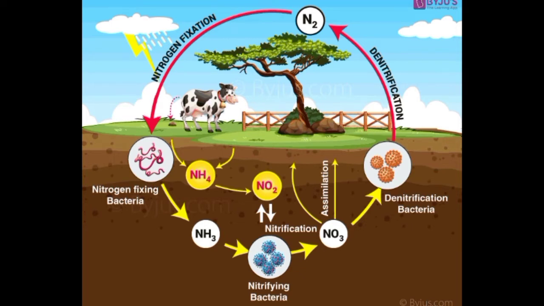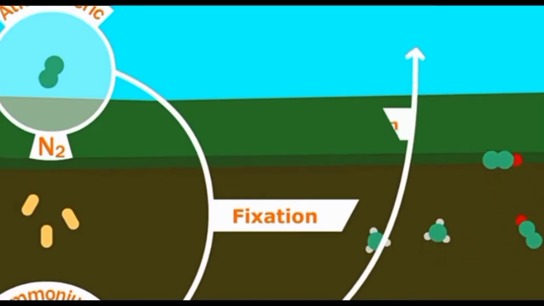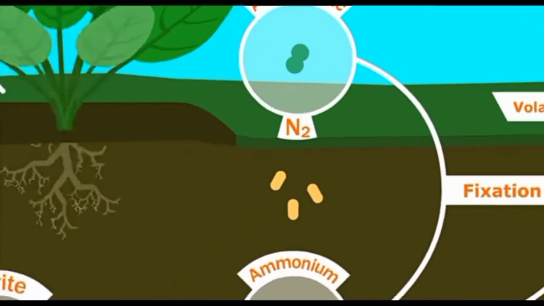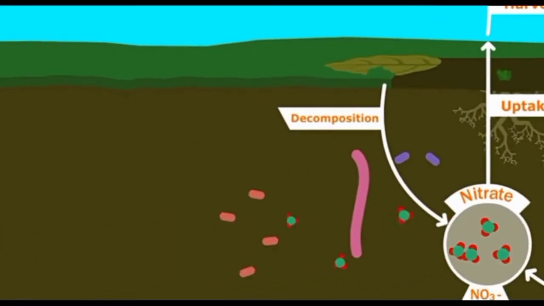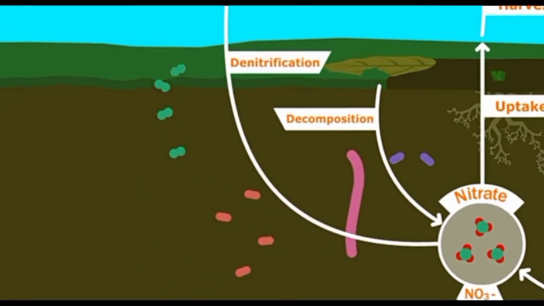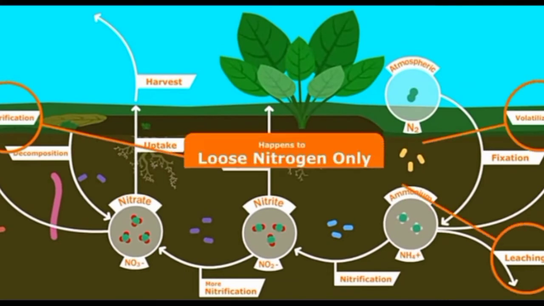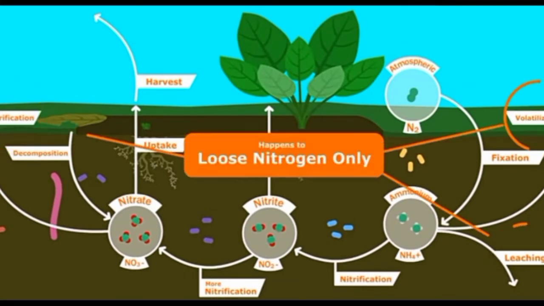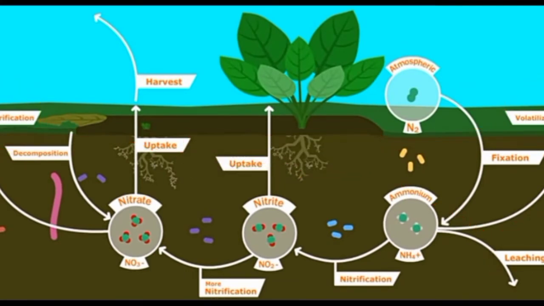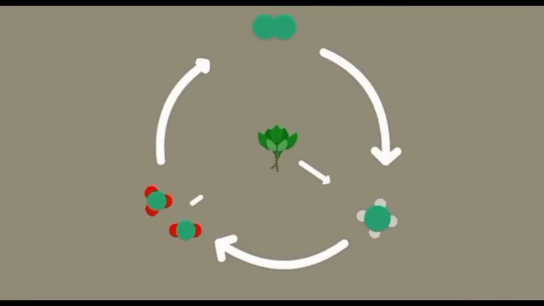Thus, it helps to balance the amount of nitrogen in the ecosystems. Nitrogen returns to the air as nitrates are converted to atmospheric nitrogen or the N2 by bacteria through the process we call denitrification. This results in an overall loss of nitrogen from soils as the gaseous form of nitrogen moves into the atmosphere.